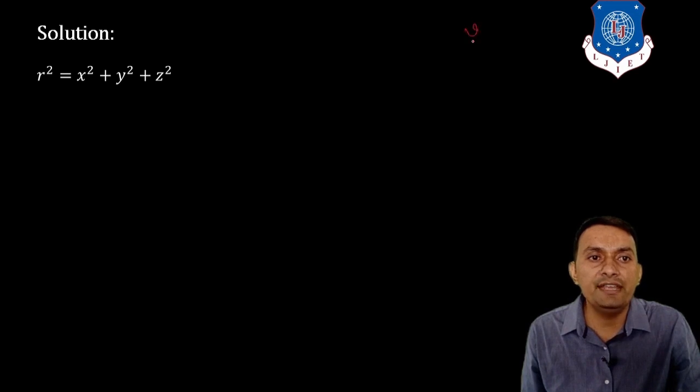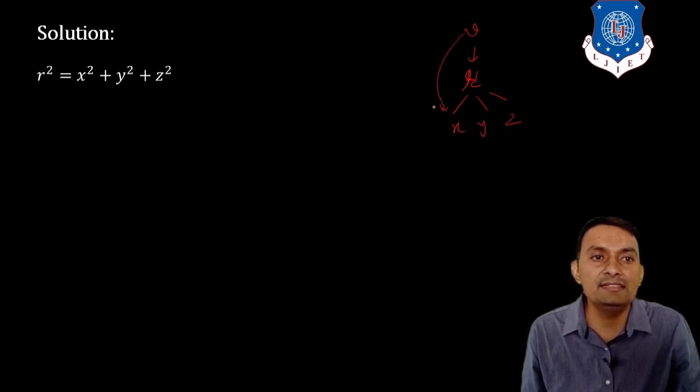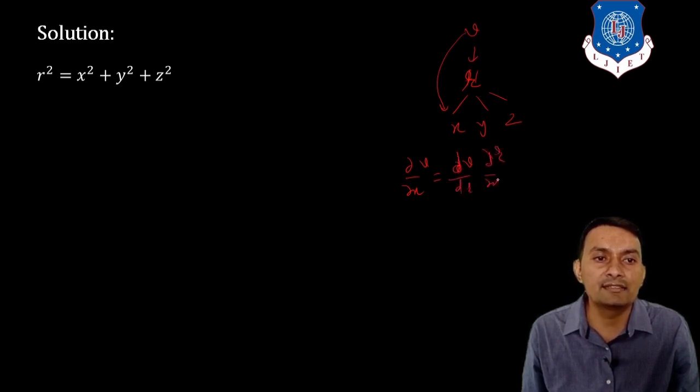So here v is a function of r, and r is a function of x, y, z. Suppose I want to determine del v by del x. Del v by del x can be written as dv by dr into del r by del x.